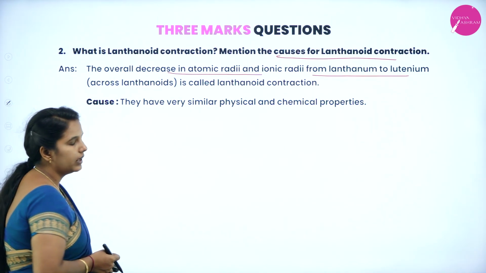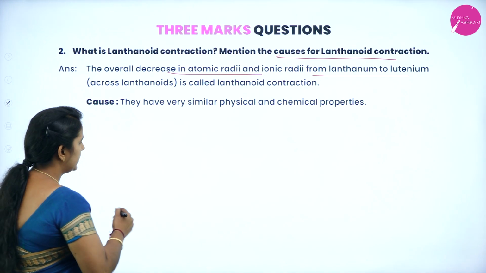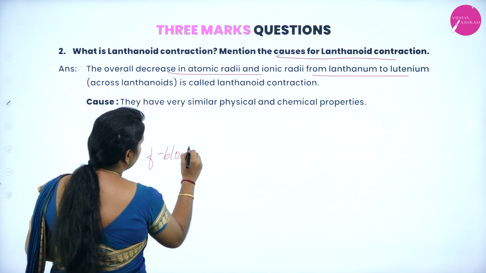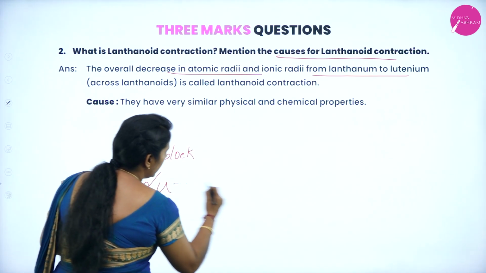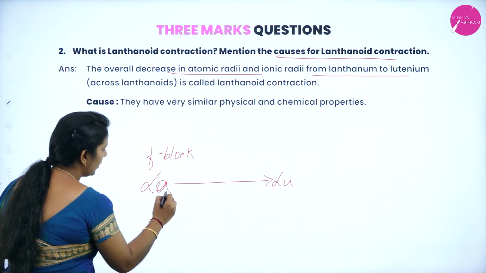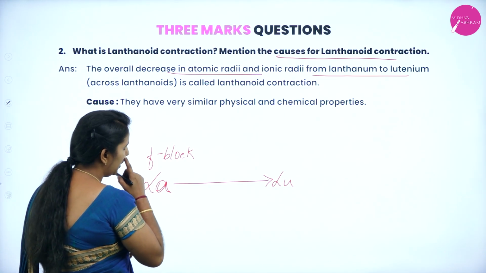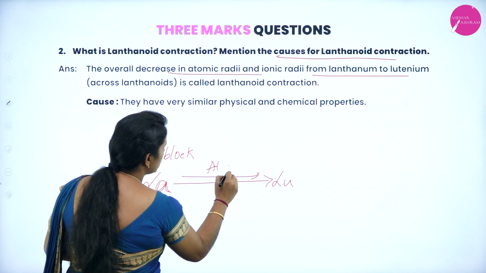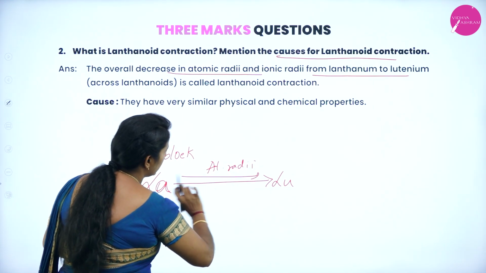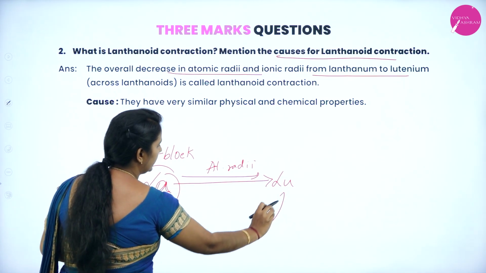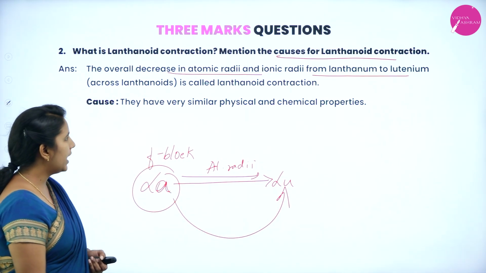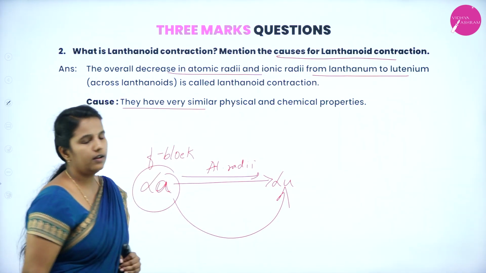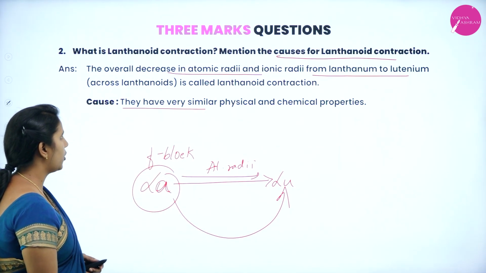If you see the lanthanide series, that is the f block elements in the periodic table, from lanthanum to lutetium there is a decrease in atomic radii. This decrease in atomic radii from lanthanum to lutetium is said to be lanthanide contraction, and the cause is mainly the poor shielding effect of the 4f electrons.